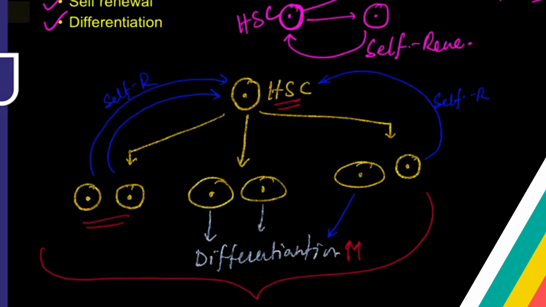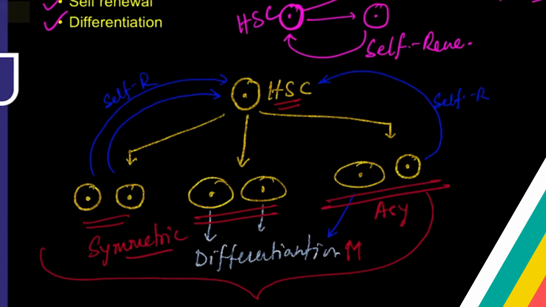Three types of division are possible. The first two types of division are known as symmetric division, and the third type of division is known as asymmetric division, right? So this has been added in the recent edition of Harrison. Although it was there in the research article, Harrison has added this symmetric and asymmetric division of hematopoietic stem cell here.